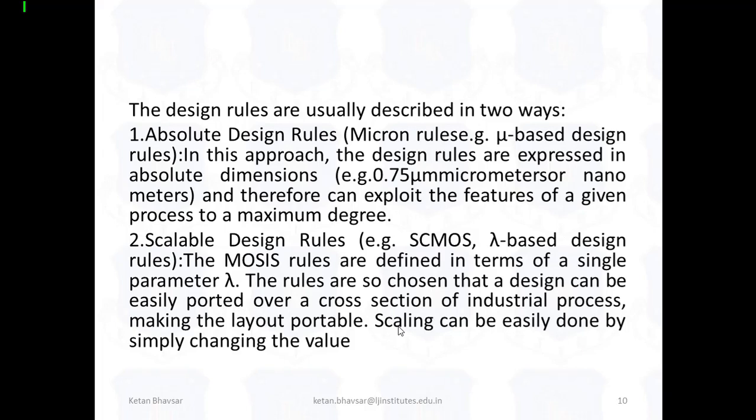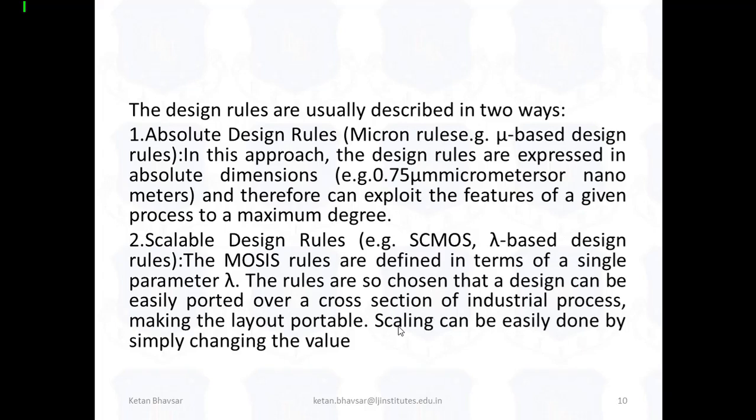What exactly the meaning of scaling is all about is measurement, and it plays a main role when we talk about the area constraint. So these are the two rules: absolute design based rule and scalable design based rule.